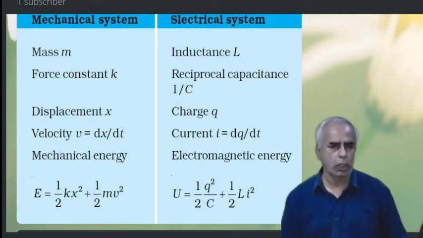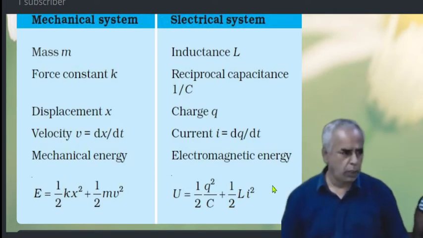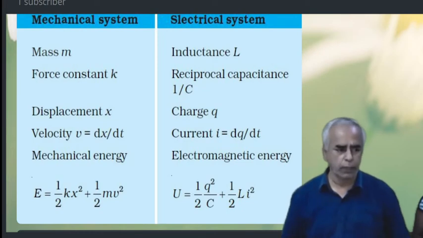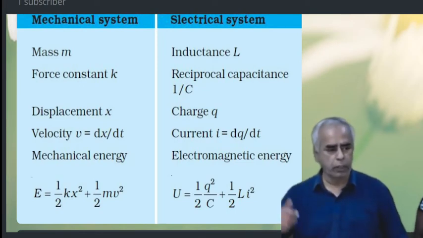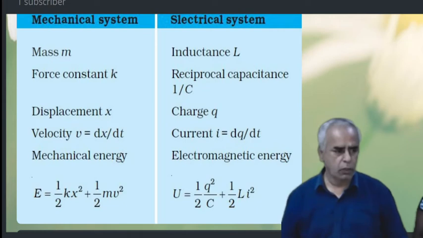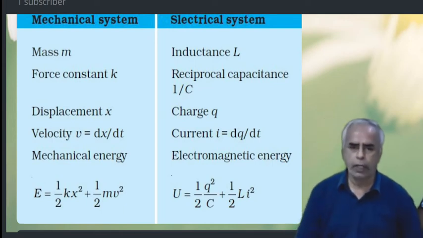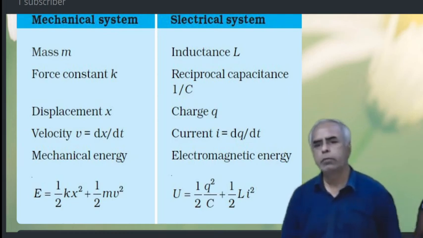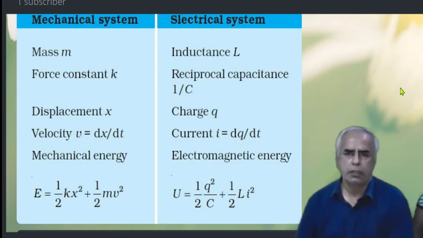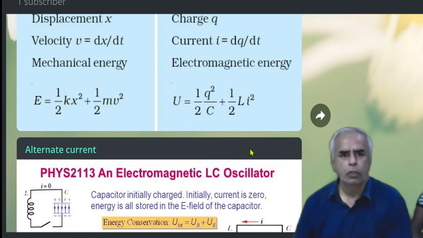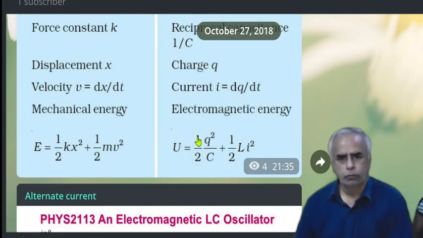Q is nothing but the total charge, because Q is an integral multiple of the electronic charge. That is, Q is also given as Ne, is it not? And Q can also be interpreted as IT. Q is equal to IT. Okay, right. So half Q squared divided by C is the first part of the energy, plus 1 by 2 into L into I squared. Got it?